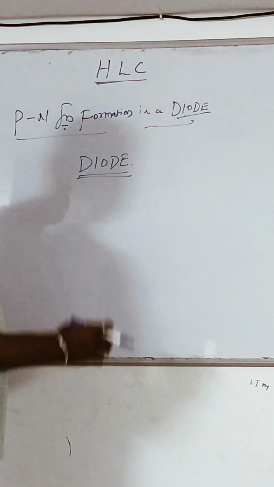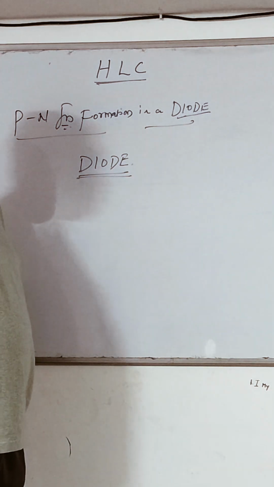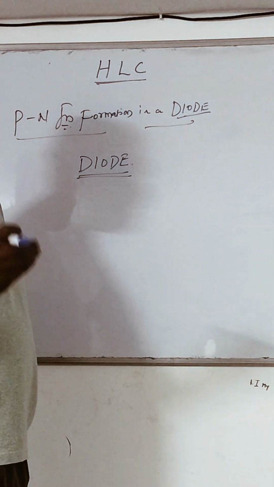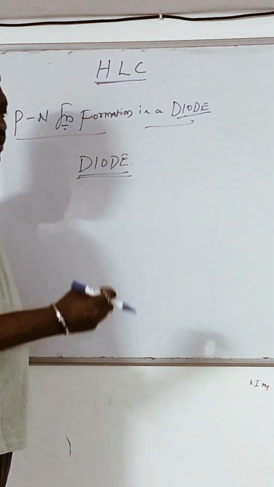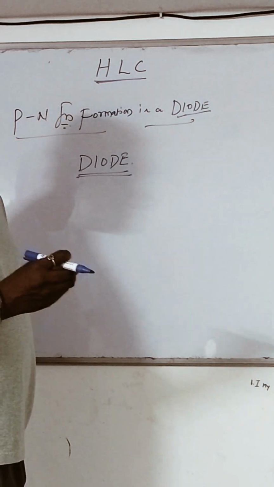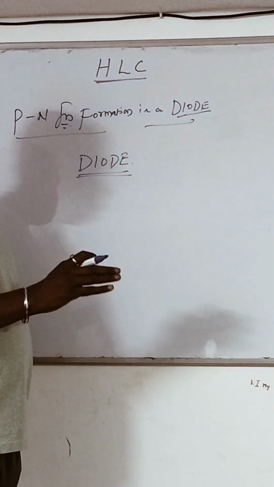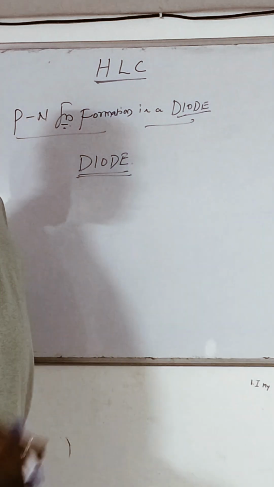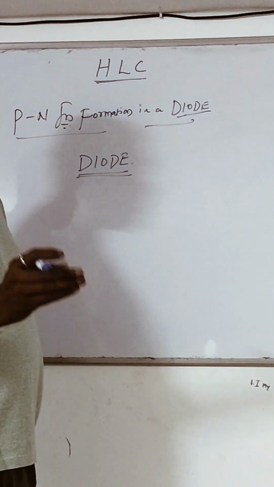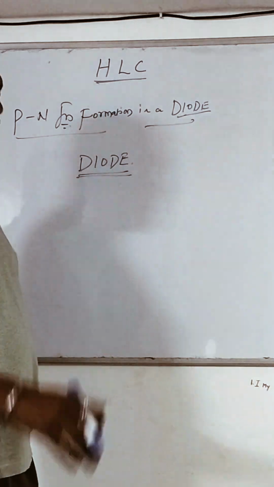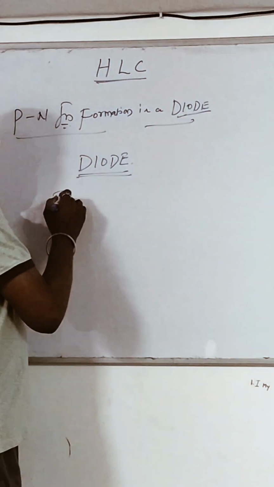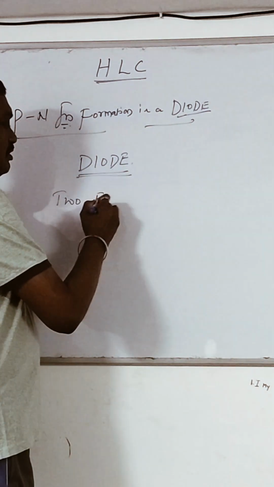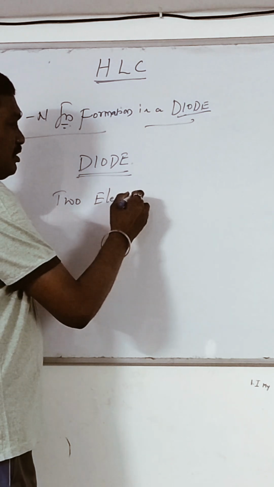But do we understand what is meant by diode? Why are these devices named diode? Is it a meaningful word in English? No. The word diode is a combination of two words. It is formed from two electrodes.